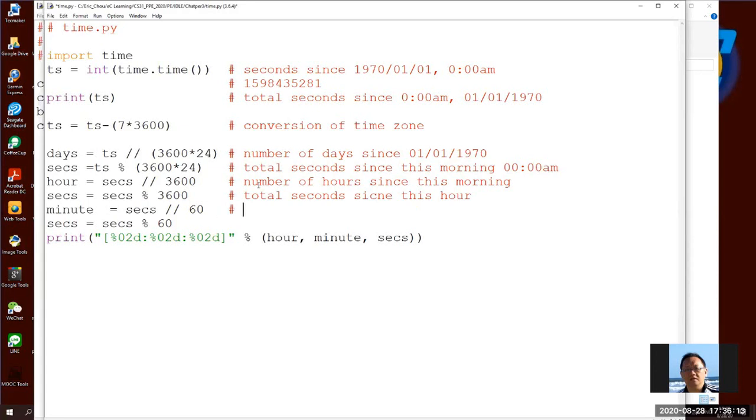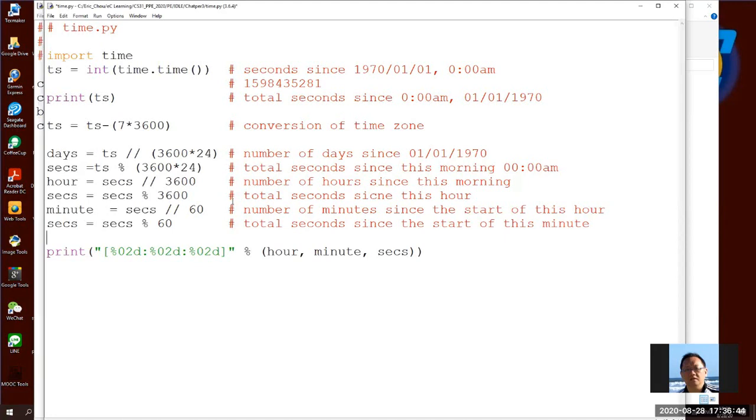And this one is the number of minutes since the start of this hour, okay? And this one should be the total seconds since the start of this minute, okay? And then print things out, okay?